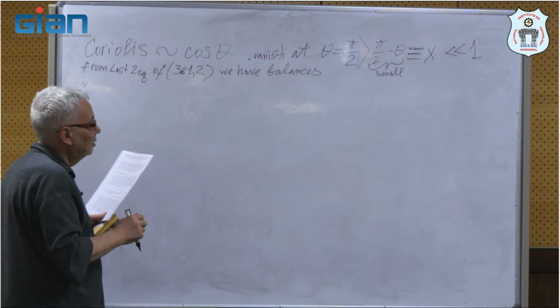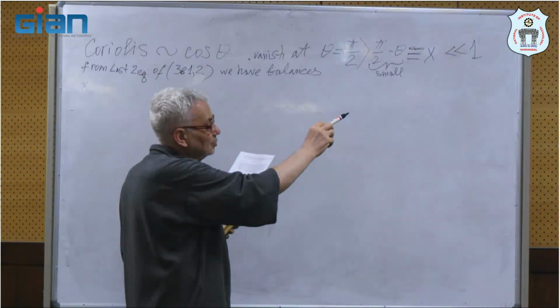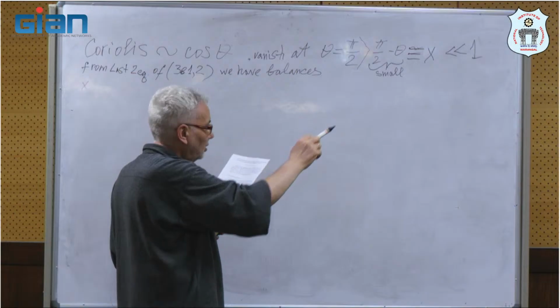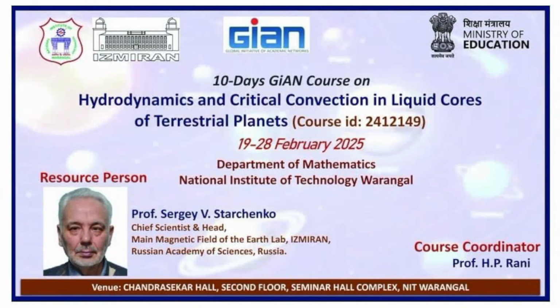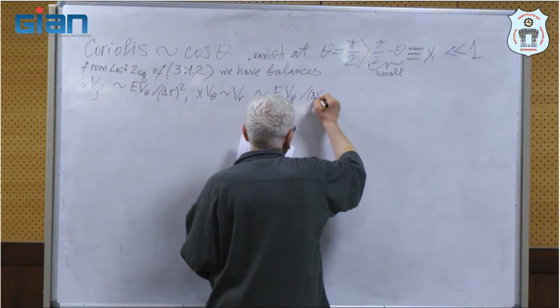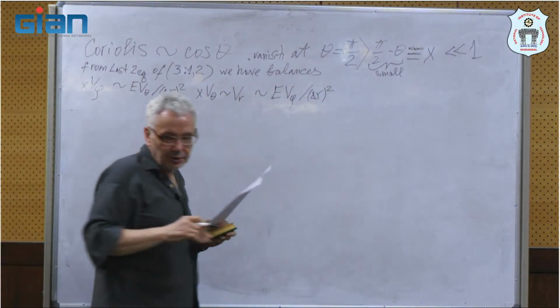You see that these two last equations, starting from, and delta R squared. I will explain later what this delta R squared means and everything.